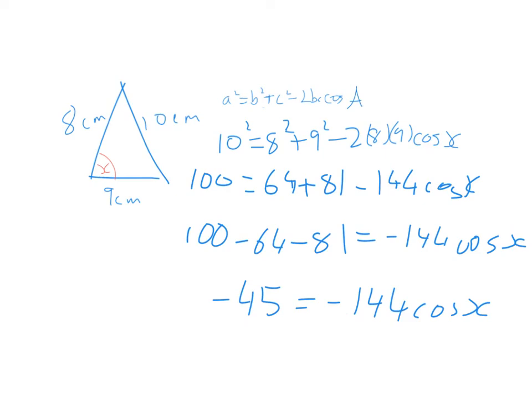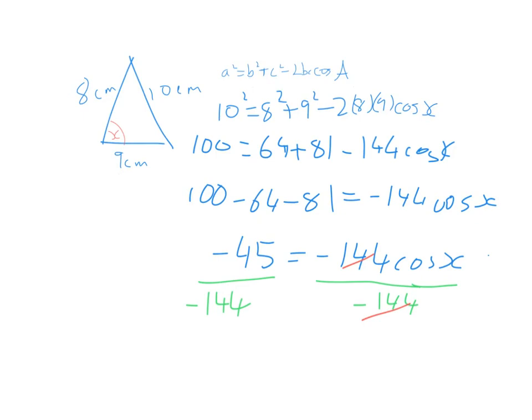So it's minus 144 multiplied by cos x, so we're going to divide by minus 144 here to cancel that out. Now if we do that on the right hand side, we have to divide by minus 144 here as well. So these will cancel, and that will give us cos of x on the right hand side.